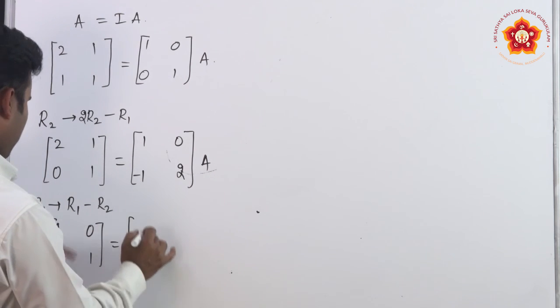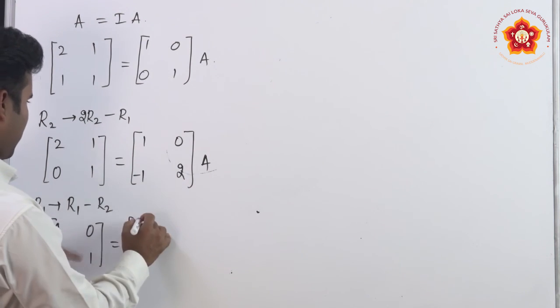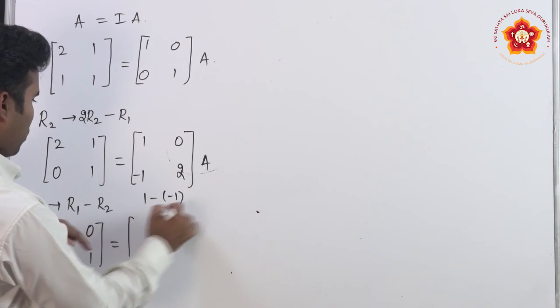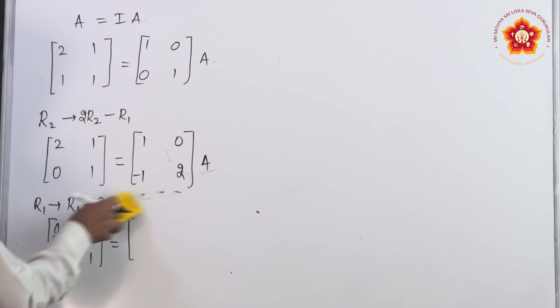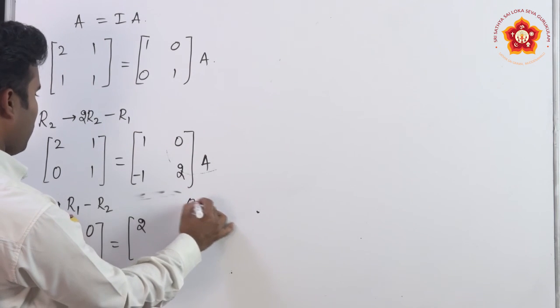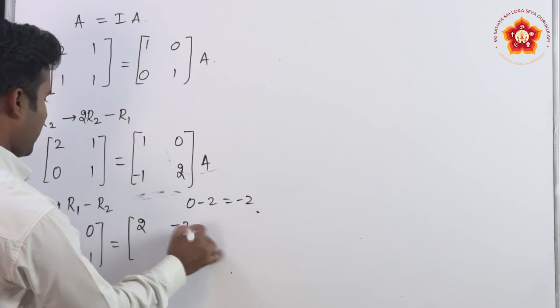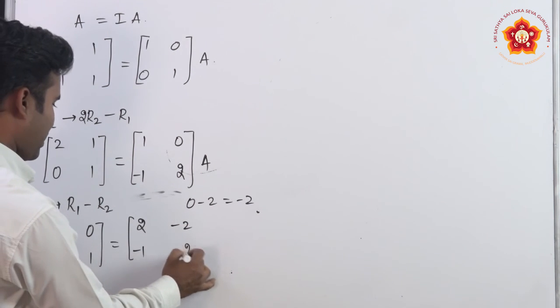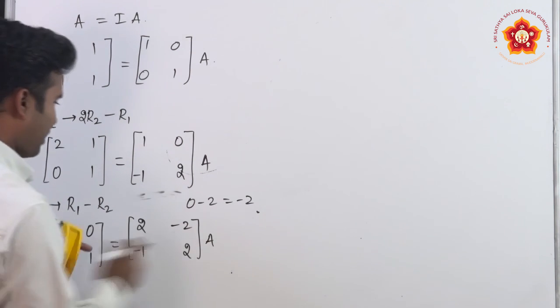On the right side, 1 minus of minus 1 is plus 2, and 0 minus 2 is minus 2, and the second row is as it is, since we are not applying anything for that.